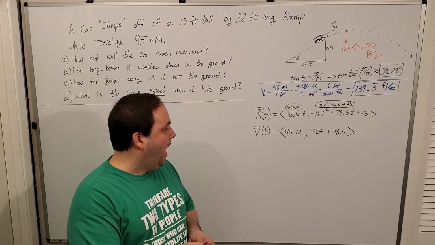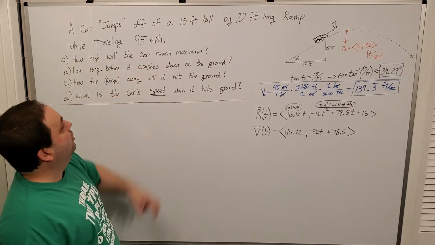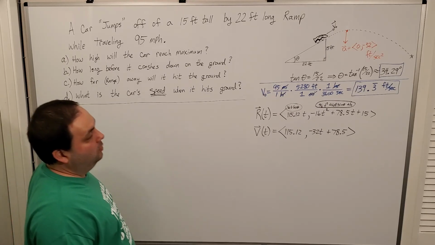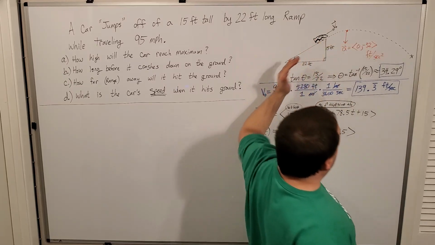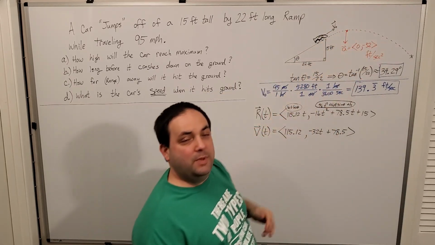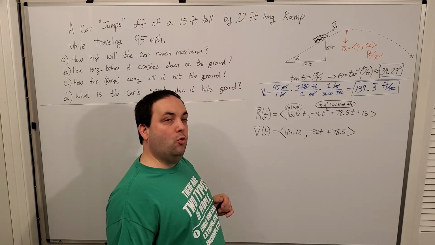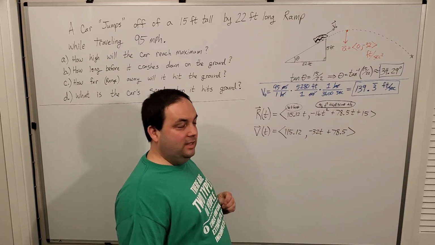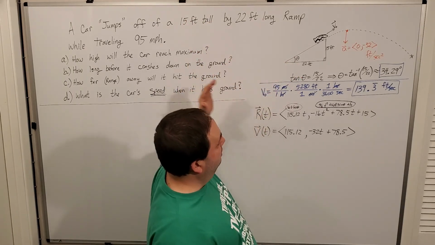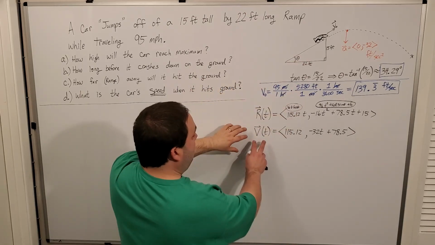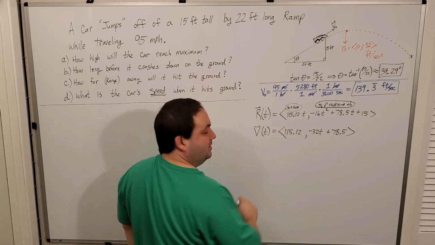Okay, so now how do we use these to our advantage? How high will the car reach at its maximum? Well, remember, at its maximum I have a maximum point of the curve, which gives me a horizontal tangent. If it's a horizontal tangent, then the actual y component is 0. Notice the velocity vector function here: the x component is constant.